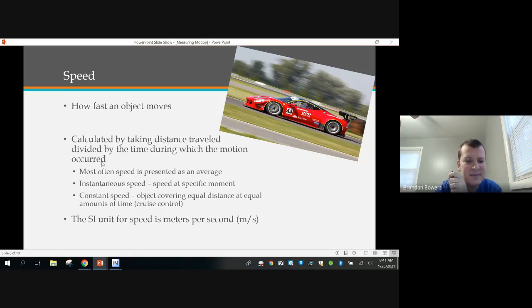So the instantaneous speed changes. However, constant speed is an object covering an equal distance in equal amounts of time. It's just how fast you're moving over the entire time. So that's the difference between instantaneous and constant.